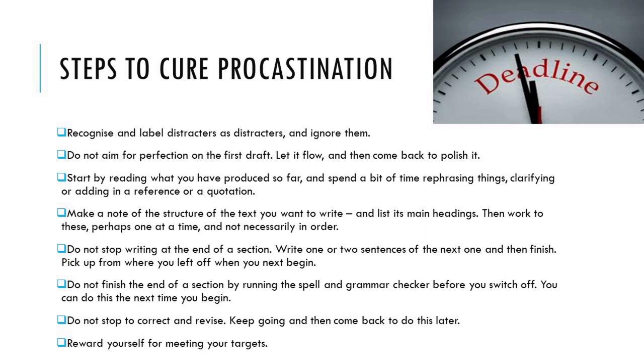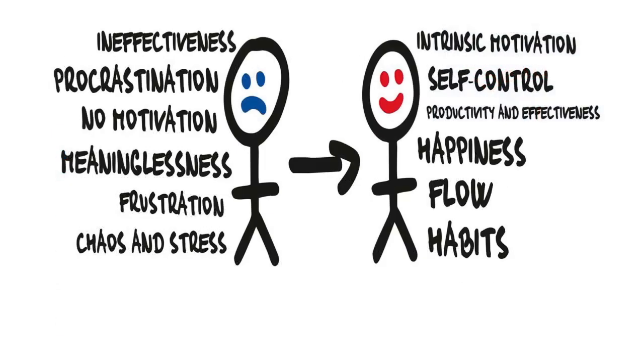You can do this the next time you begin. And do not stop to correct and revise. Keep going and then come back to do this later. Reward yourself for meeting your targets.